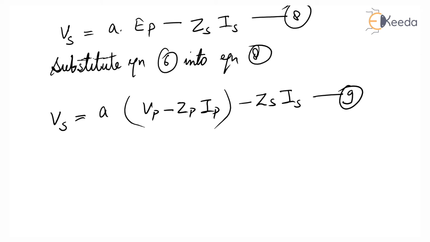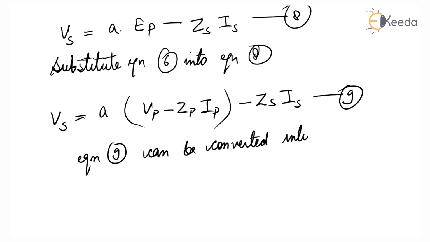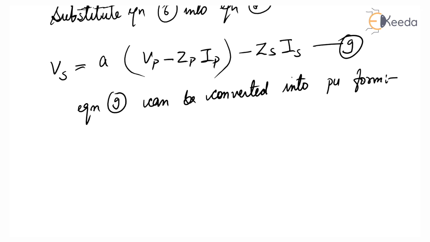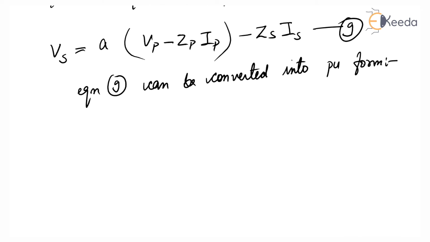Now equation number 9 can be converted into per unit form. See this Vs: the actual voltage Vs upon the base voltage VSB is equal to Vs per unit.